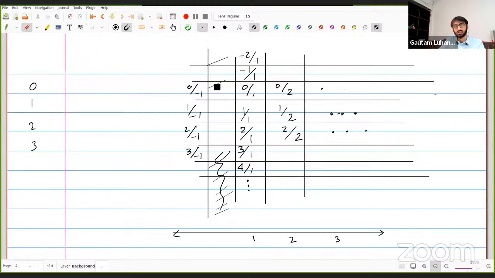So just to get rid of the useless column, I'm actually going to shift all of these entries here, because I know that this is not possible. And so now I have these entries which are 0 over -2, 1 over -2, 2 over -2, and so on.